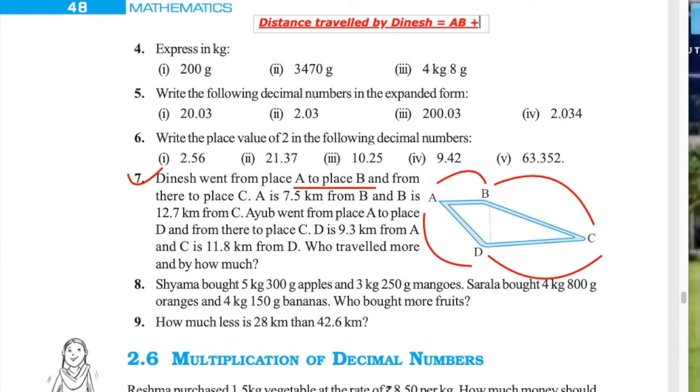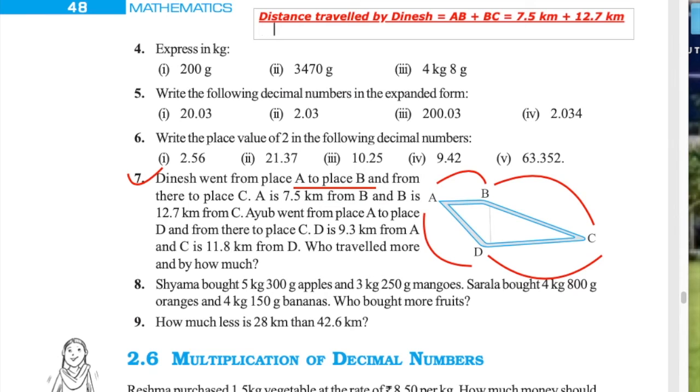Distance traveled by Dinesh is AB plus BC, because Dinesh went from A to B and then from there to place C. It is given that A is 7.5 km from B, so 7.5 km is AB, plus B is 12.7 km from C. If you add 7.5 and 12.7, that will be the total distance traveled by Dinesh. So that is equal to 20.2 kilometers.